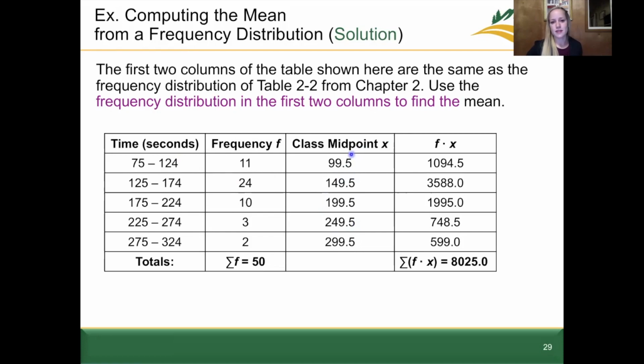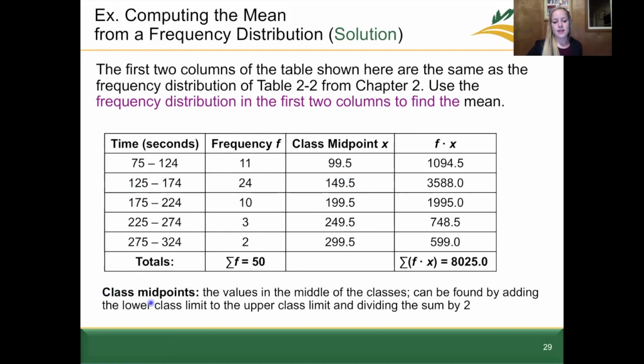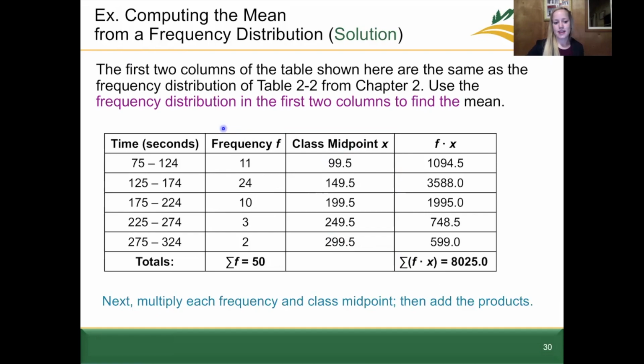And to calculate the class midpoints, you only need to look at these categories or classes here. And just to remind you again, the class midpoints are the values in the middle of the classes, found by adding the lower class limit to the upper class limit and dividing the sum by 2. Okay, so that's what we've done so far. We have this third column. Next, we want to multiply each frequency and class midpoint and then add the products.